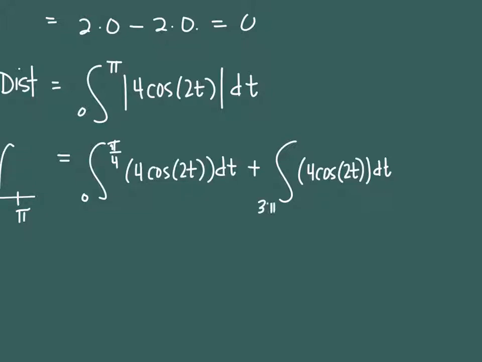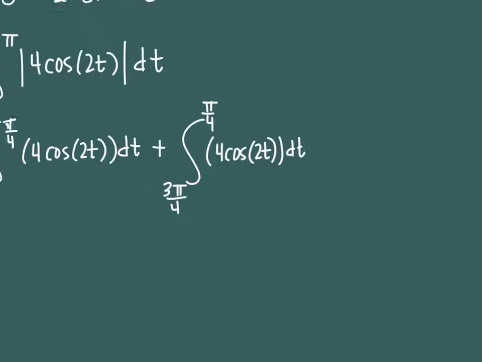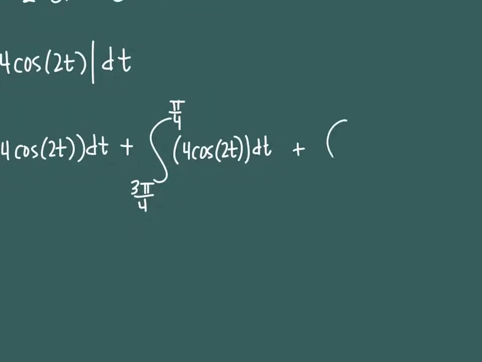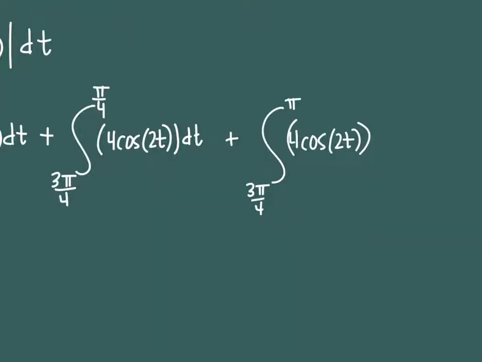So 3 pi fourths would be on the bottom as my bound, and pi fourths would be on the top. And then have a third to represent the last section, which is a positive section, so I leave the bounds in the normal order. So this is one way to do it. I will admit it's the longer way to do it. Does anybody see a quicker way?